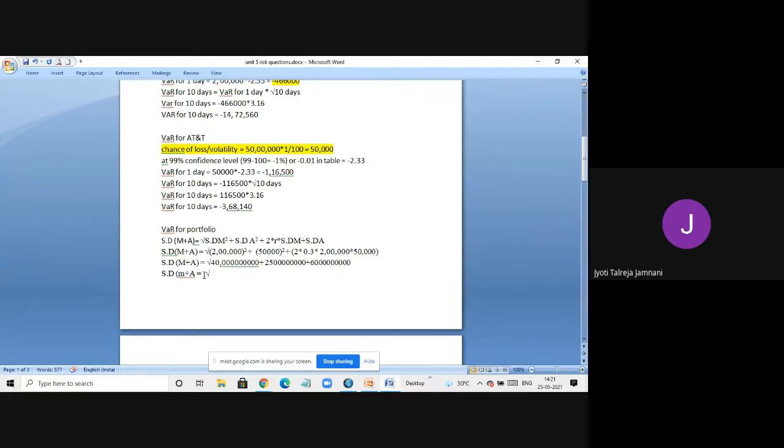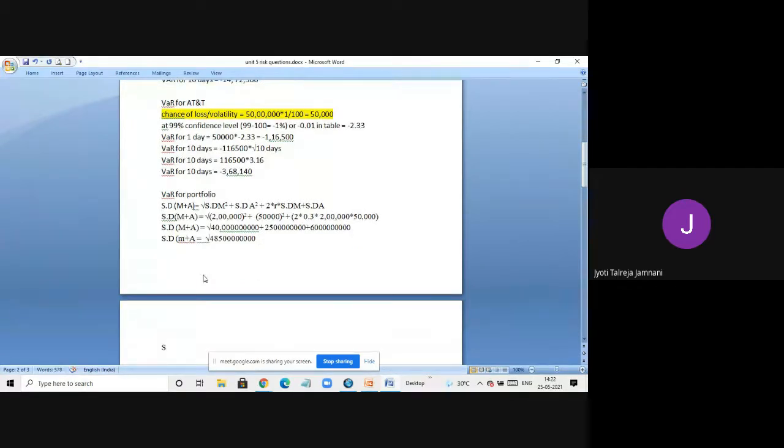We get 48.5 with 8 zeros. If you find the square root of this, it is 2,20,227. How many of you have tried? I don't know, but this is the answer that you will get.